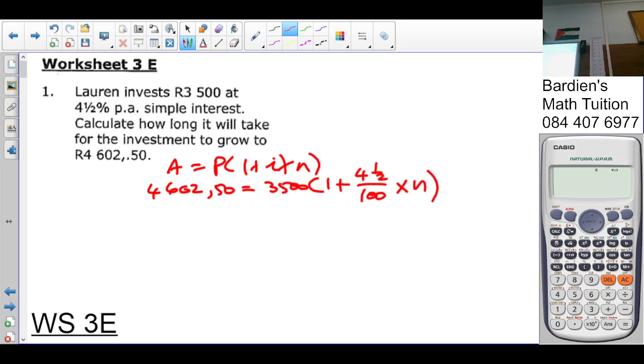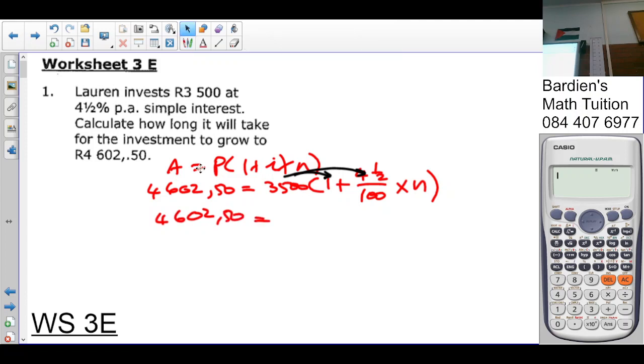So in pursuit of calculating N, what do I have to do first? We can multiply 3,500 and N, or I can divide by 3,500 on both sides. The goal was to multiply it in first, so I'll do that. But under normal circumstances, I would have divided both sides by 3,500.